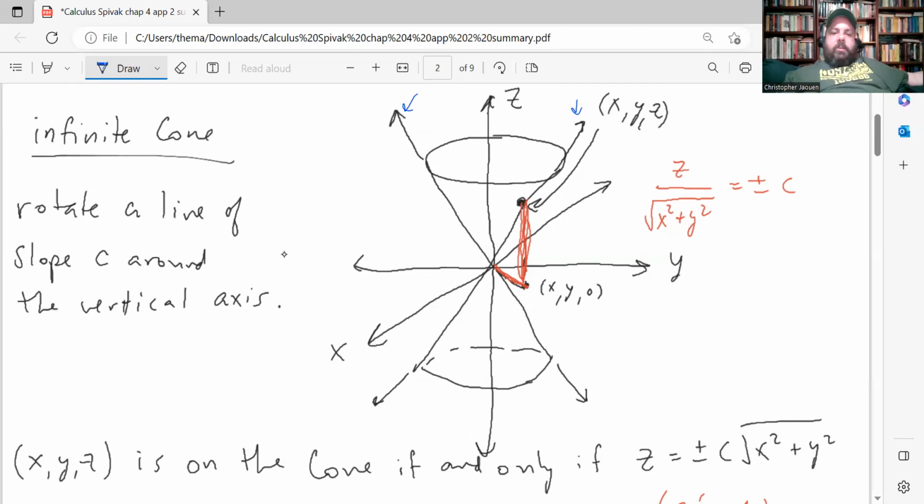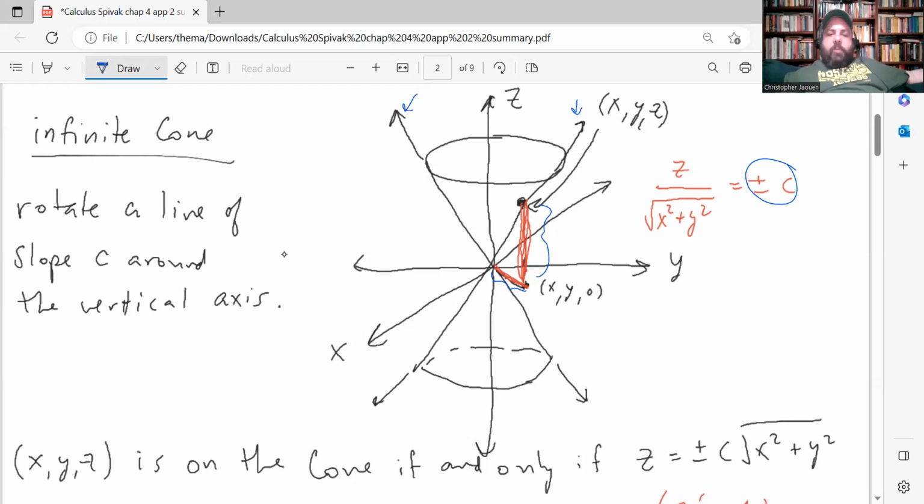So we can find the equation of the cone by using the Pythagorean theorem. So for example, the slope C, whether it's positive or negative, is given by Z, which is the height that I have written here, divided by this distance here, which is the square root of x squared plus y squared, right? That's just the distance in the horizontal plane from the origin to the point (x, y, 0).